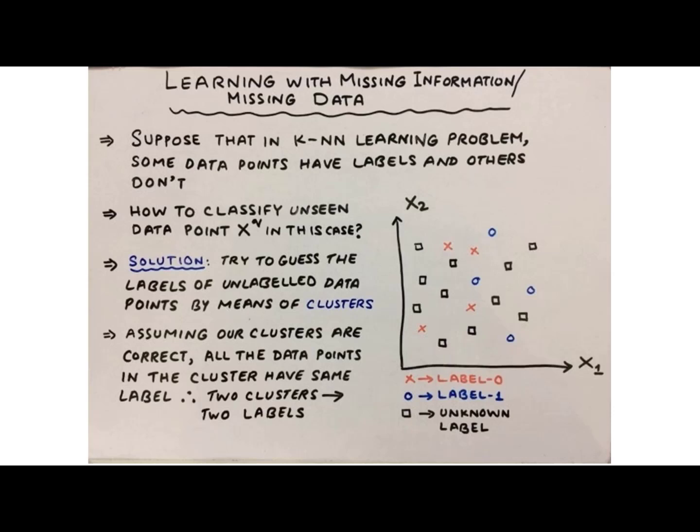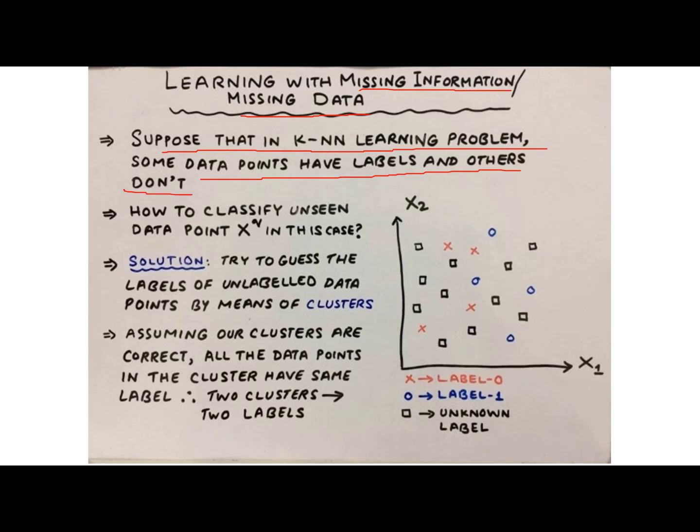In the beginning, we said that the Bayesian approach to learning is particularly useful when we have missing data or missing information regarding the data. Now suppose in the k nearest neighbor learning problem, some data points have labels and others don't.